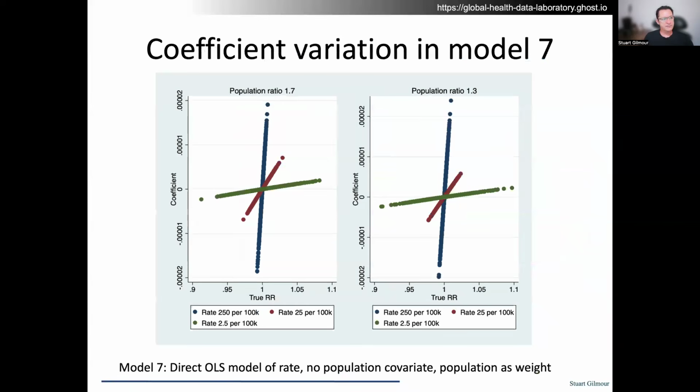I also checked model 7 to see how its coefficients behave. There is a relationship between the coefficient and the true relative risk, as you can see here. So again, I've plotted the coefficients against the true relative risk, but you can see that the slope of that relationship depends on the base rate. So these models do not properly estimate the coefficient.